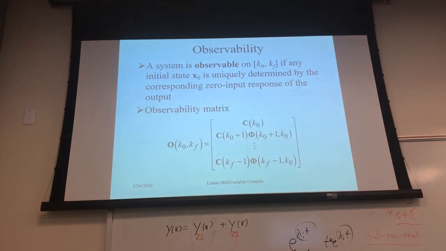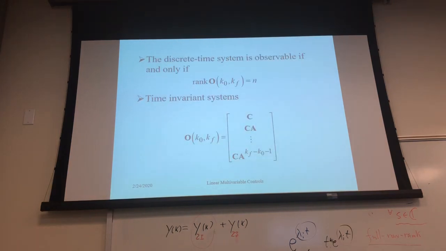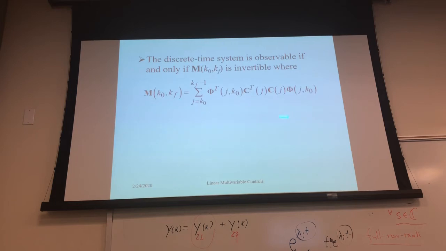The O matrix is also called the observability matrix. But remember, the observability matrix is not the observability gramian, okay? But they are connected. The observability gramian is written this way, as a composition of this one. So this is actually beautiful.